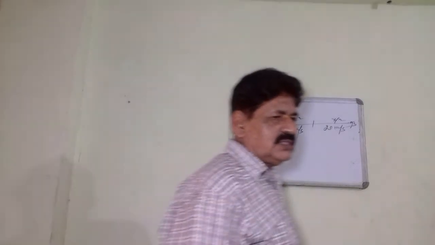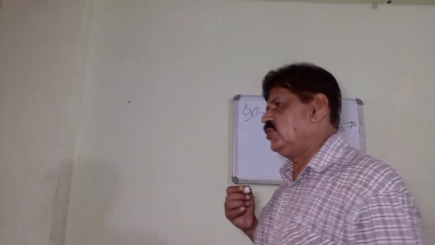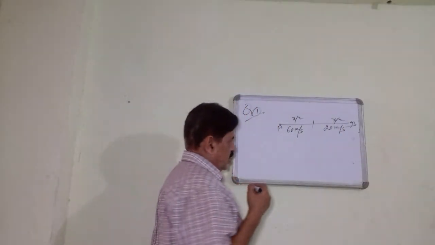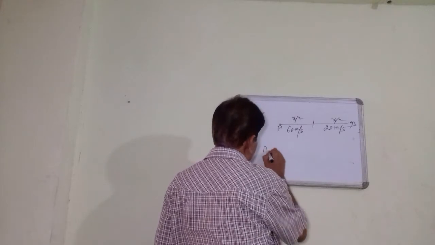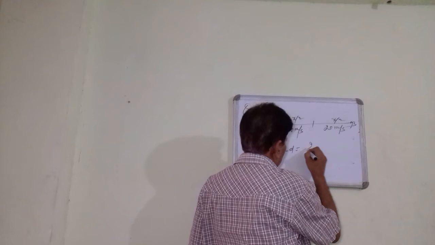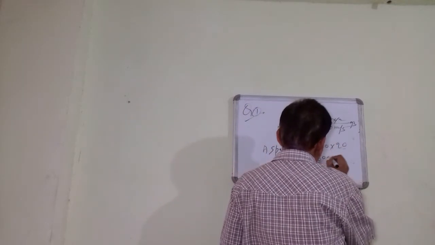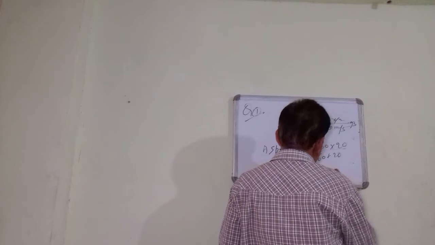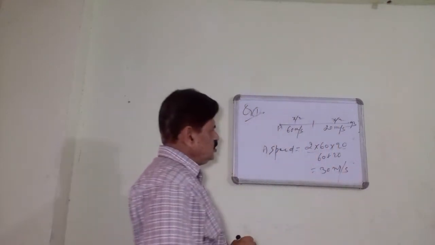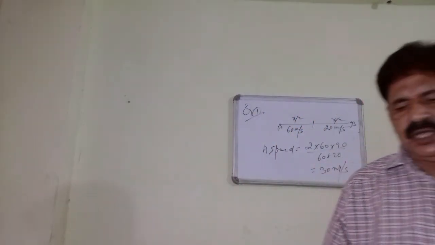In this case you might say 60 plus 20 divided by 2, that is 40. That is the wrong answer. The correct answer is average speed 2 into 60 into 20 divided by 60 plus 20, that is equal to 30 meter per second. In this way we obtain the result by applying the formula.